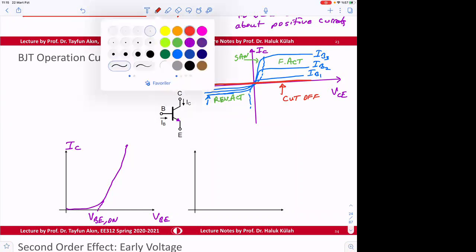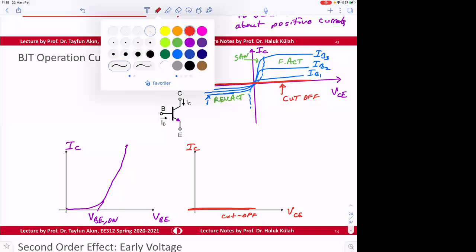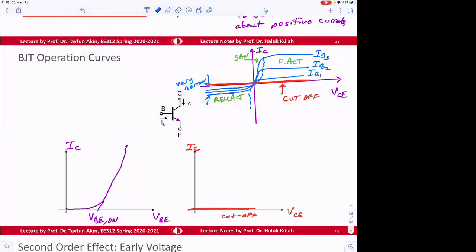But typically, here, we can call this the cutoff region. And if we say this is the VCE versus IC graph, and look at this more precisely, we'll see that the current is going to be like this, and then keep increasing.